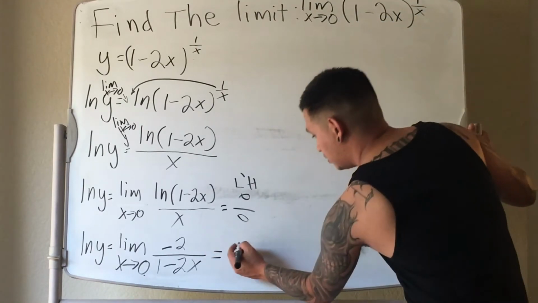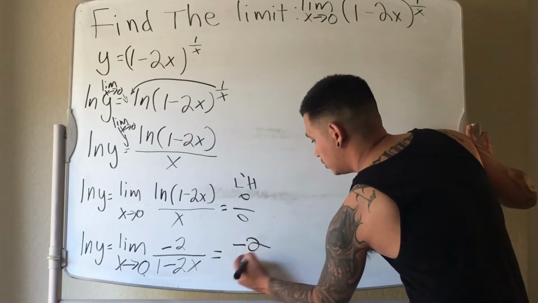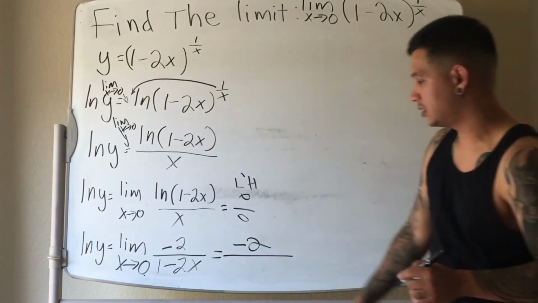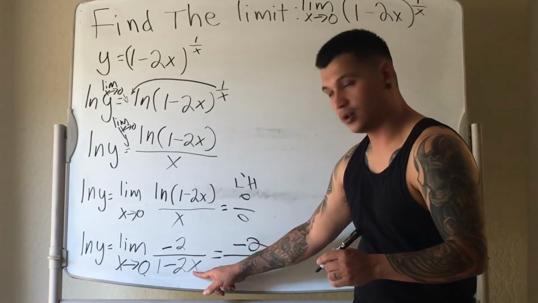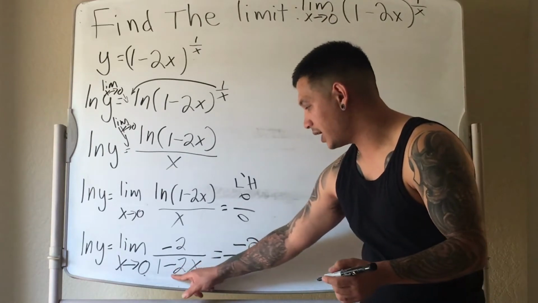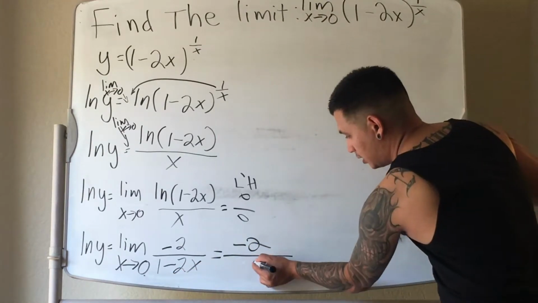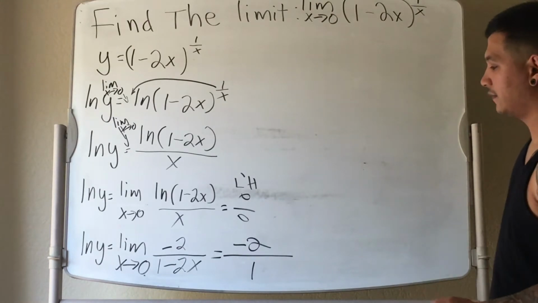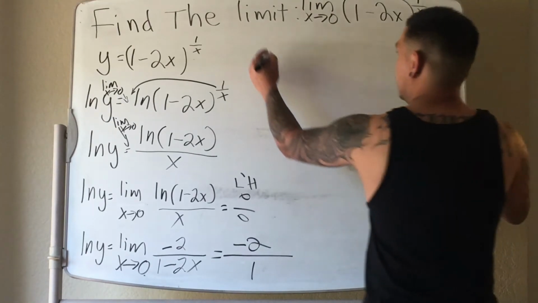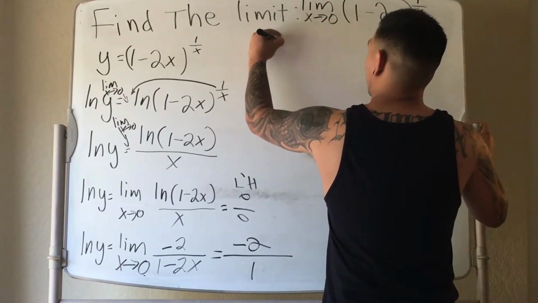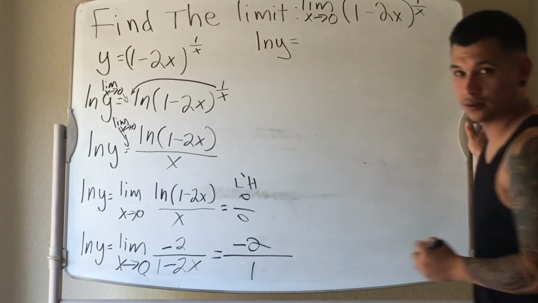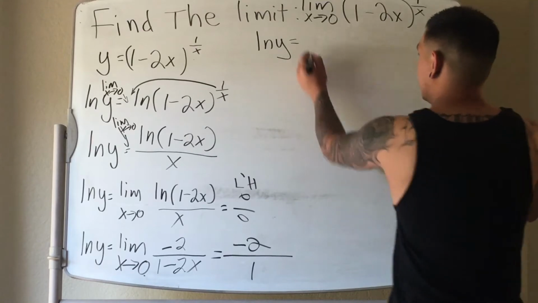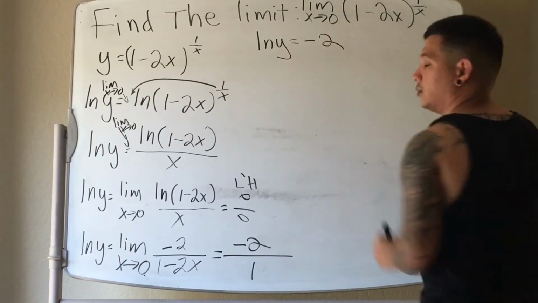Well, this is still negative 2. Let's see what our denominator is. 2 times 0 is 0. 1 minus 0 is 1. So let's write what we have left. ln y is equal to negative 2.